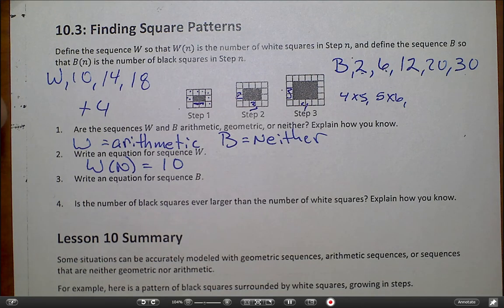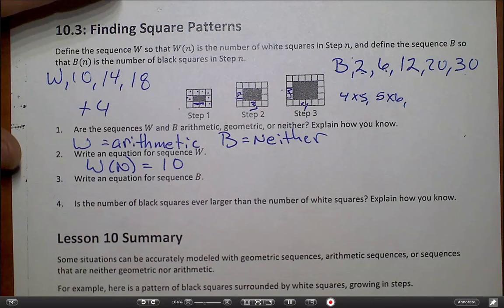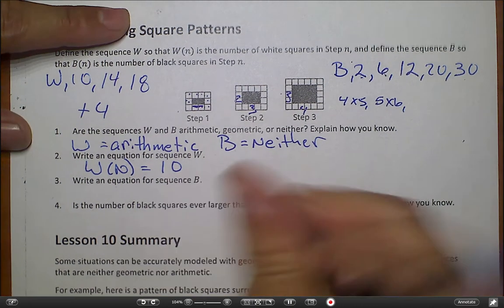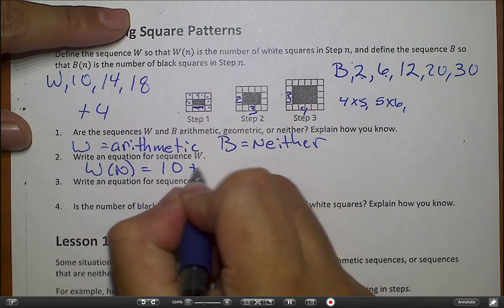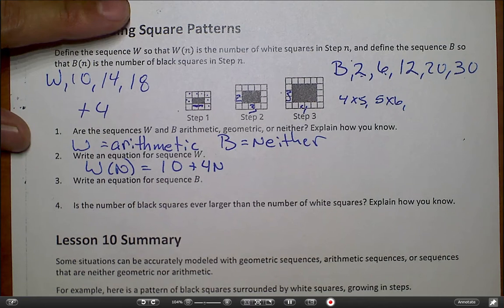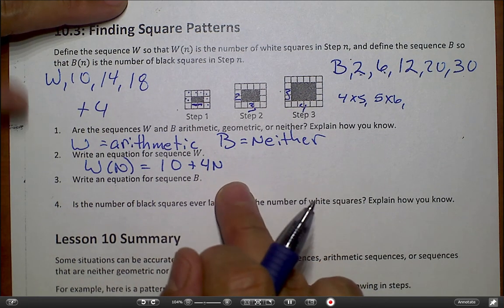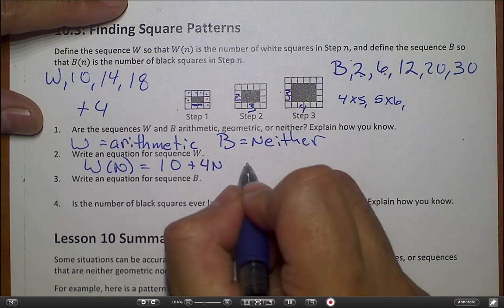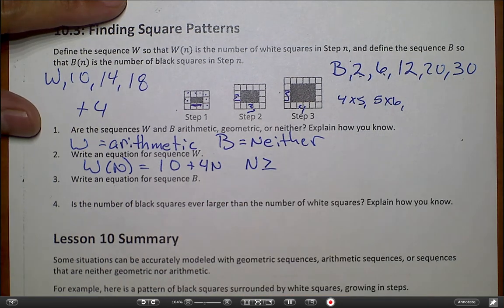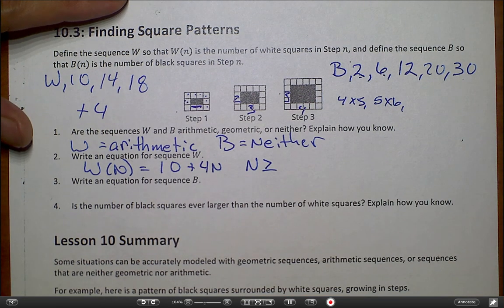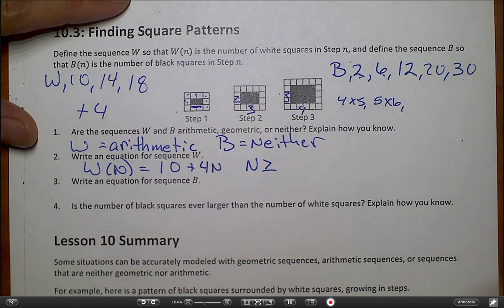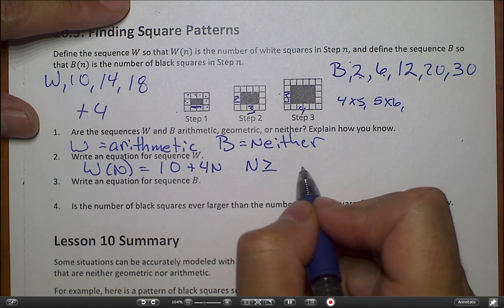If I'm adding over and over and over again, repeated addition is the same as multiplication. Plus 4n. Very good. So plus 4n. And now define the n's. N is greater than or equal to 1. 0. Is it 0 or 1?